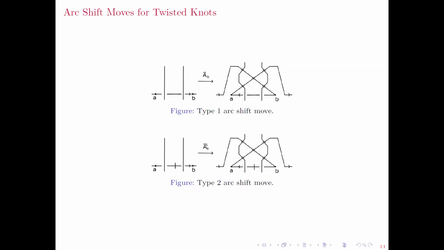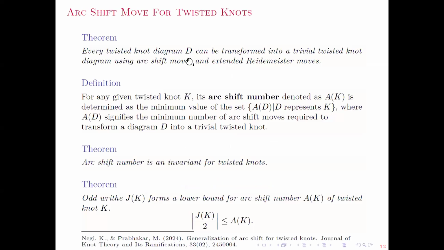Okay, I'll go ahead. It has been proved that if you apply arc shift moves to a twisted knot diagram, you can transform it to a trivial twisted knot diagram. The proof goes like this: you prove that the forbidden moves are realized by arc shift moves.